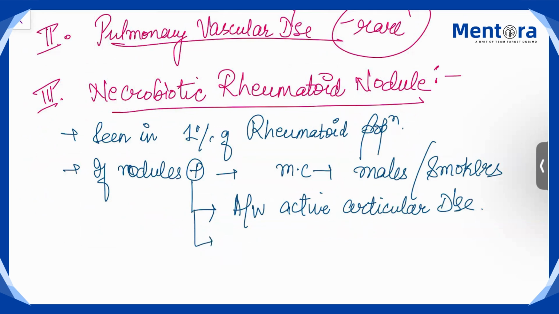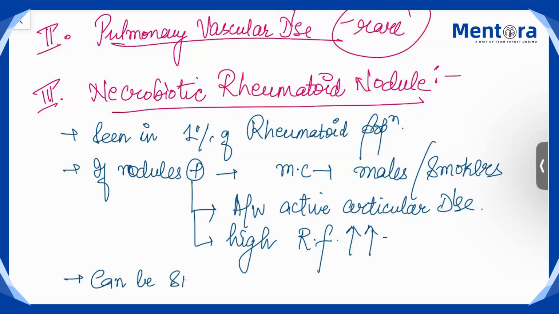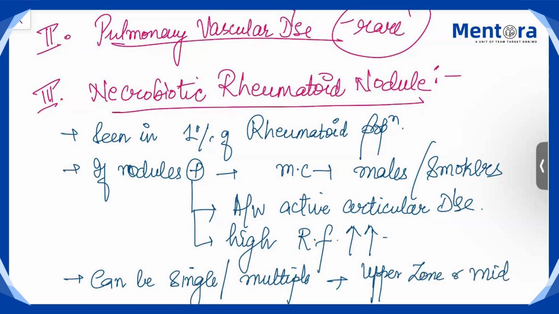So these require steroids, and these will present with high rheumatoid factor. These can be either single or multiple, and there is usually upper zone or mid zone predominance.